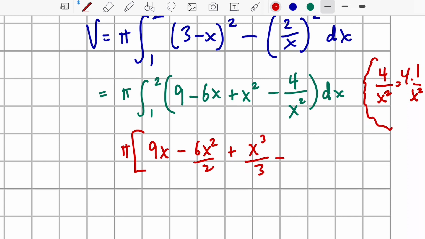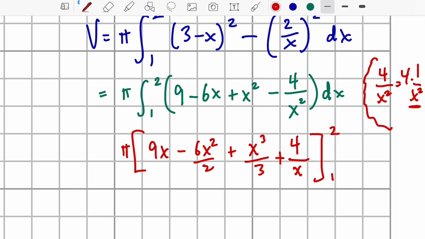So what we're basically looking for is the antiderivative of negative 1 over x squared, which you should be familiar with. So my answer is going to be 4 over x, and it's going to be positive. And it's going to go from 1 to 2.